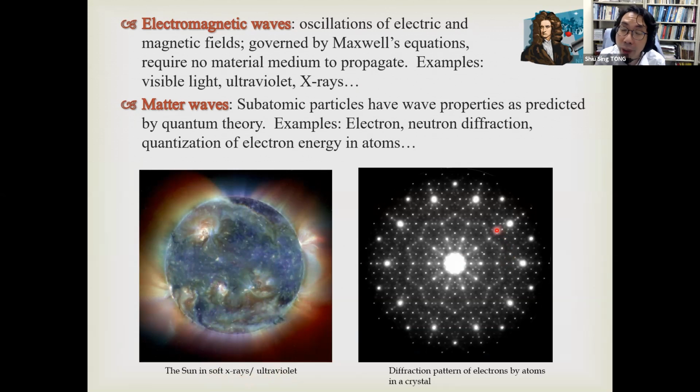You also have matter waves. Quantum mechanics actually shows you that when you go to a very small dimension, the atomic dimension or even smaller, you'll find that the particles, the electron, the proton, and the neutron, which we commonly regard as particles, also have wave phenomena.